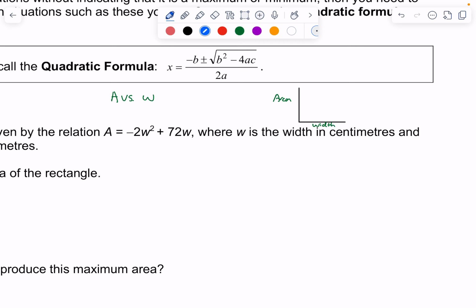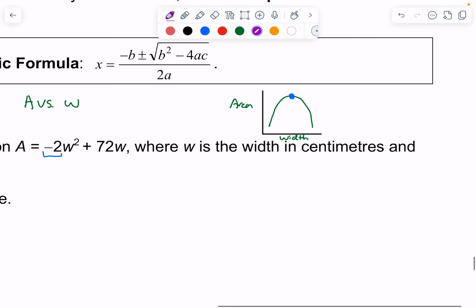So when you have your parabola, and we know it's opening down because A is negative 2, you're going to have a vertex. And that vertex typically has x and y coordinates, but we're not dealing with x's and y's here. We are dealing with width on the horizontal axis and area on the vertical. So when we find our vertex, you are really finding the value of the width that results in the maximum area.